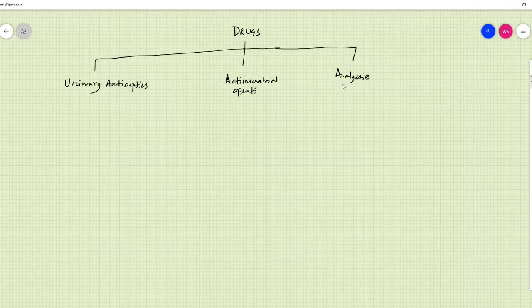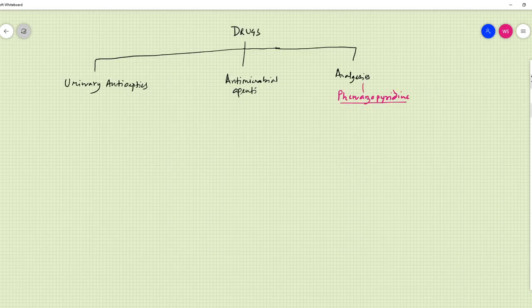The most important analgesic that is used for suprapubic pain is phenazopyridine. So that's the analgesic.